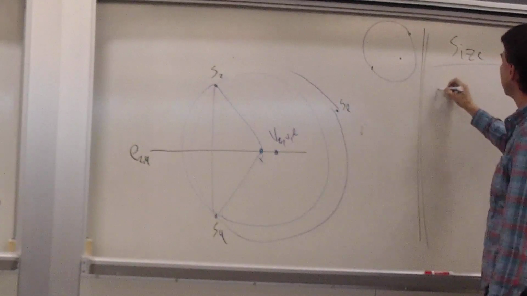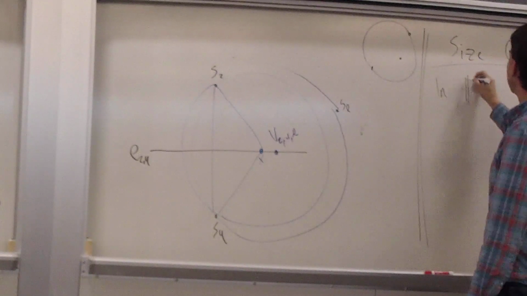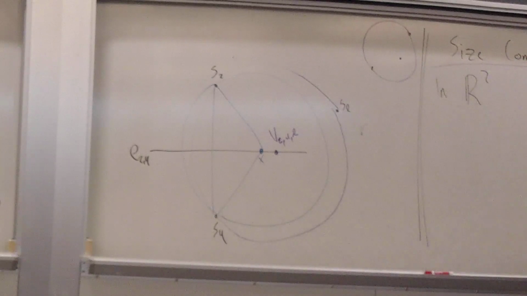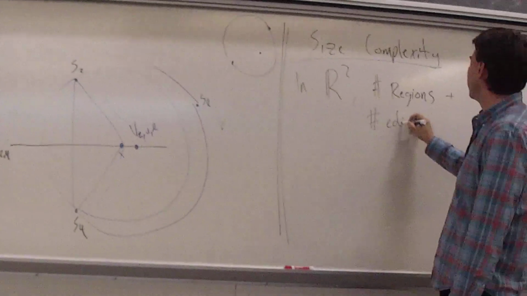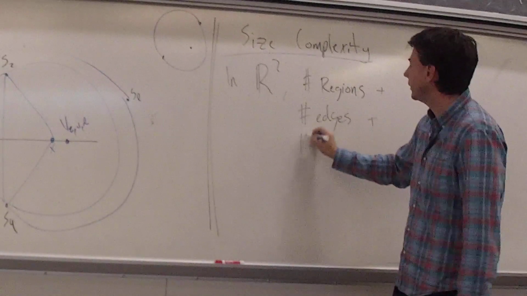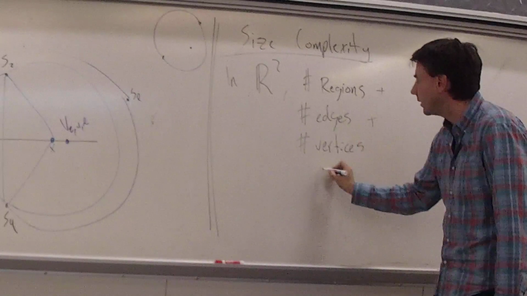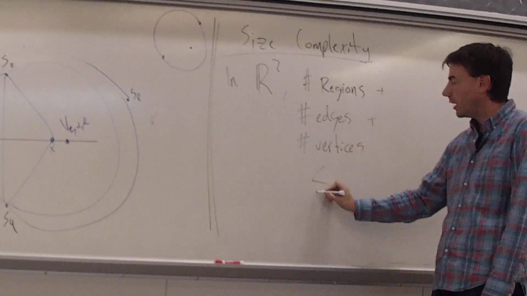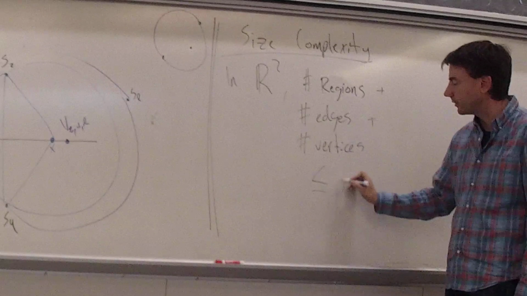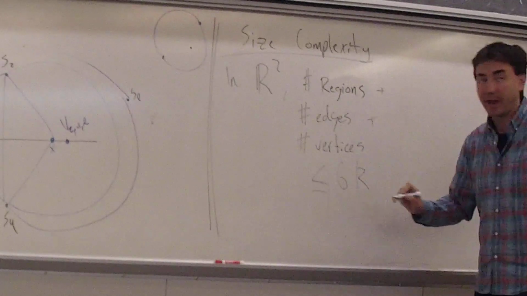Okay, so in R2, in 2 dimensions, I can say the number of regions plus the number of edges plus the number of vertices is something less than something like 6 times k.